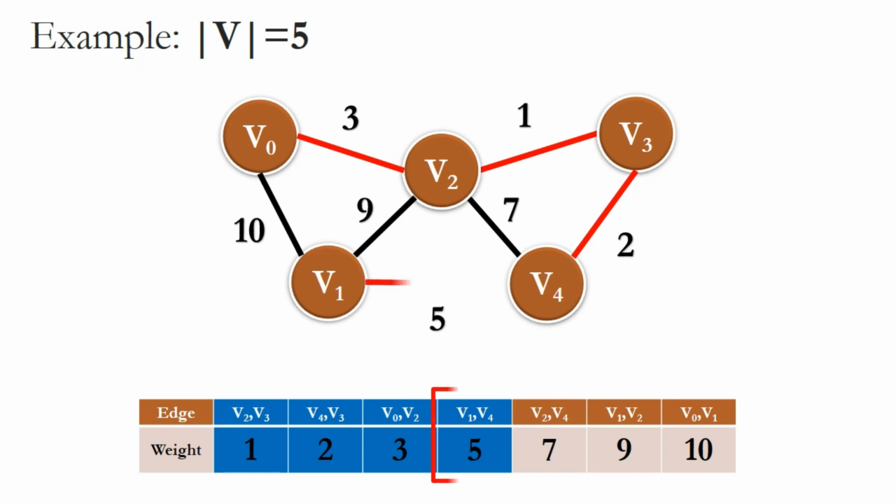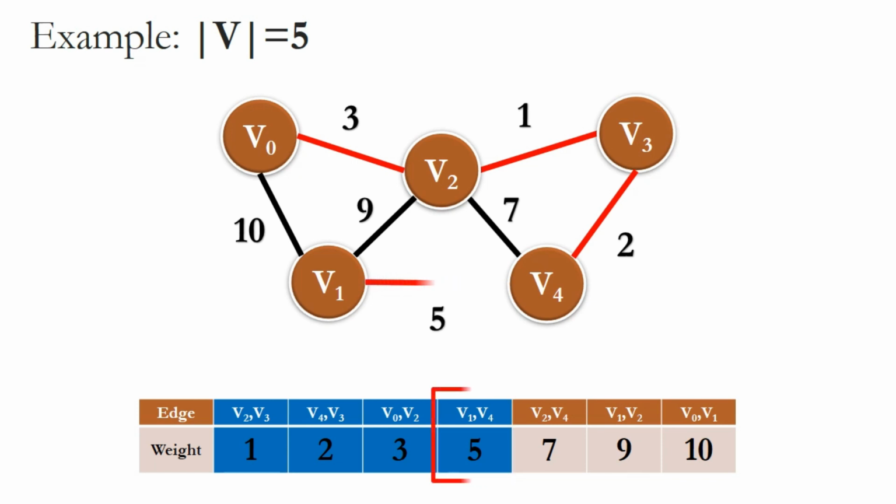Okay, this time, we're going to check if the value of 5 from reference edge of vertex 1 and 4 forms a cycle or not. Kung mapapansin natin, from vertex 0, 2, 3, and 4, nag-form sila ng line but it doesn't form a cycle.